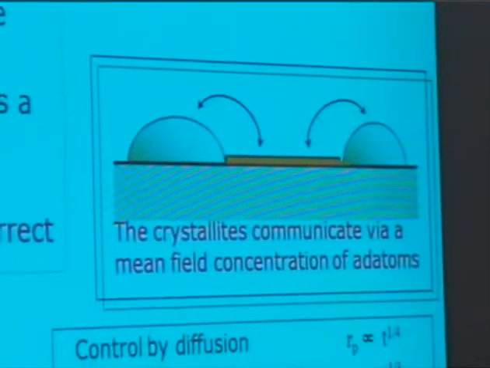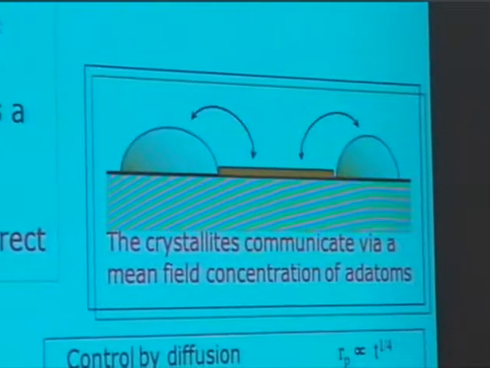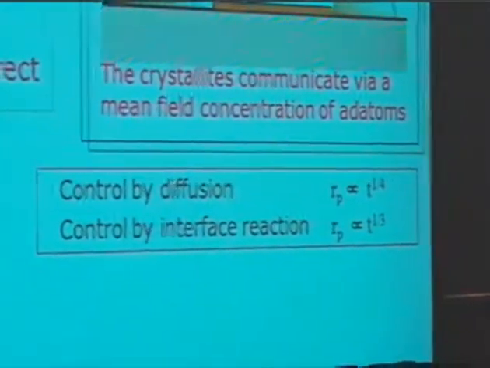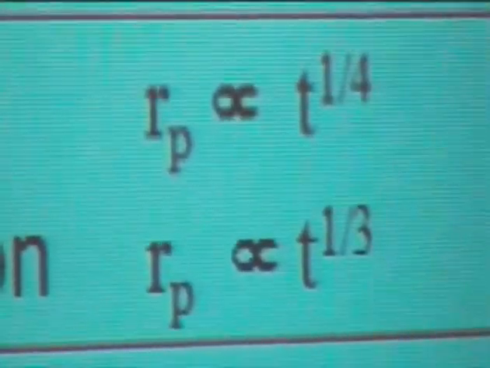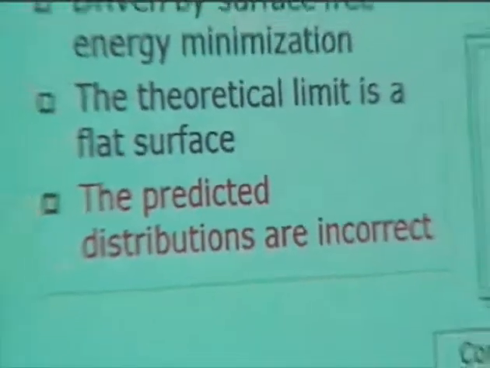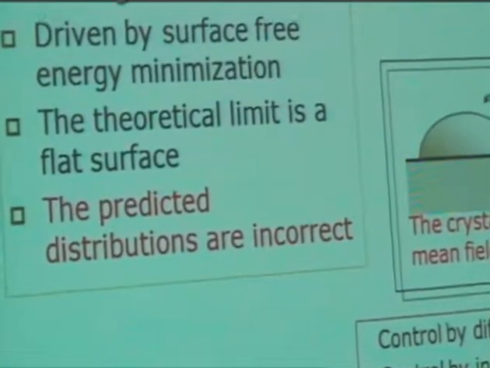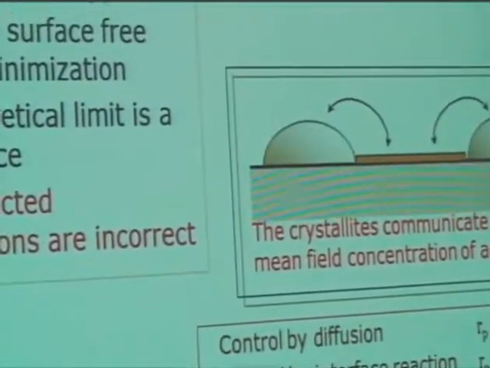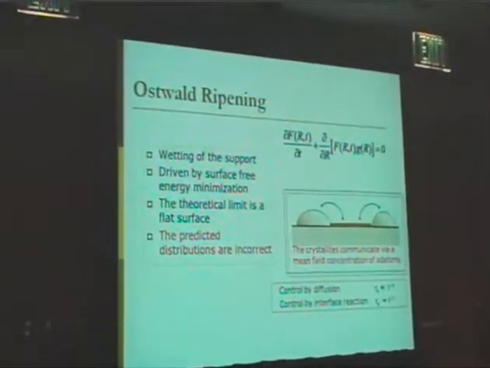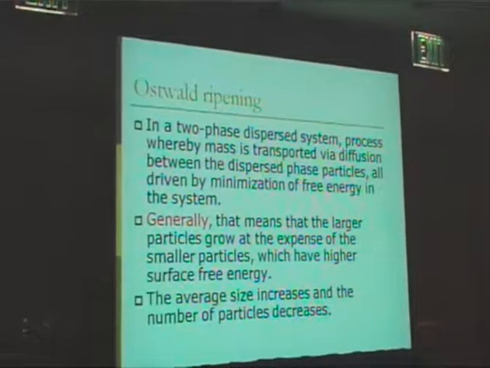This is the surface free energy minimization problem. The theoretical limit is a flat surface, although this is not correct. And the predicted distributions are, in many cases, incorrect. And that's something that we got interested in solving a number of years ago.